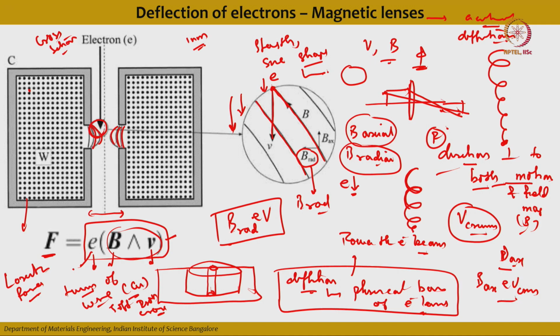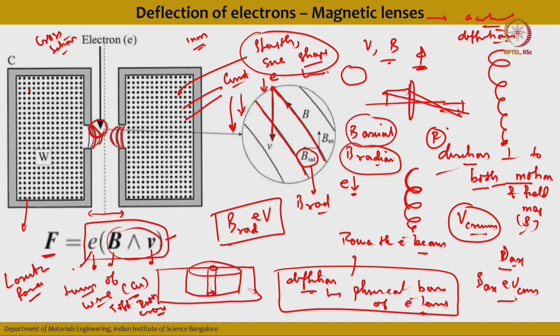This can be tuned by the current passing through the coils or copper wires. The magnetic field strength and the focal length can be varied by controlling the current passed through these copper coils. This is how we achieve the focused electron beam in any microscope.